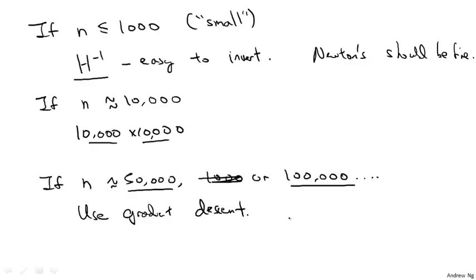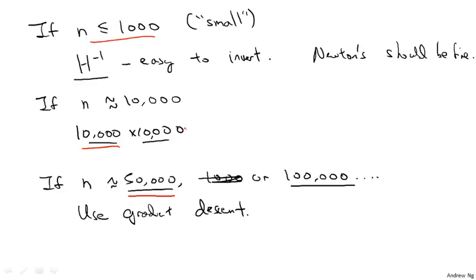And so just to wrap up and summarize: if the number of features is on the order of 1,000 or smaller, Newton's method should work just fine. If the number of features is like 50,000 or higher, or maybe even 10,000 or higher, I would lean towards using gradient descent. But somewhere in between, it's ambiguous, and maybe one algorithm will be preferable to the other.